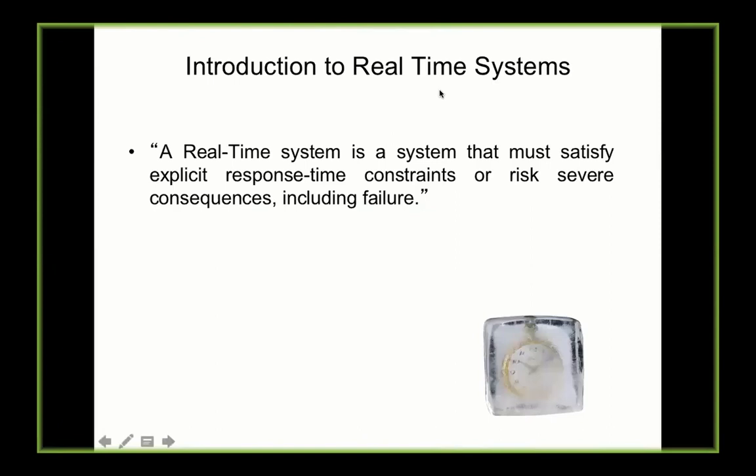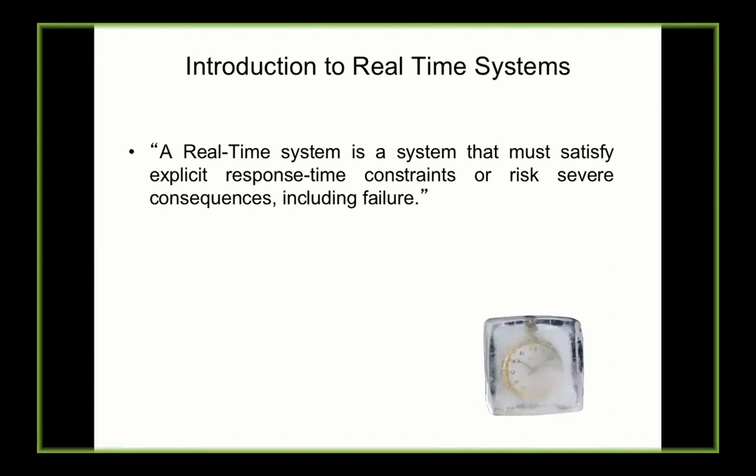So here's what I have charted here: a real-time system must satisfy explicit response time constraints, or risk severe consequences, including failure. You should also be aware of when these failures arise, and it must handle environmental control.